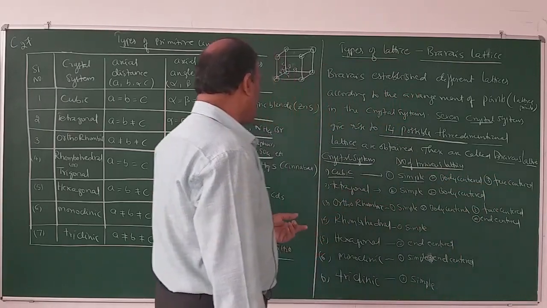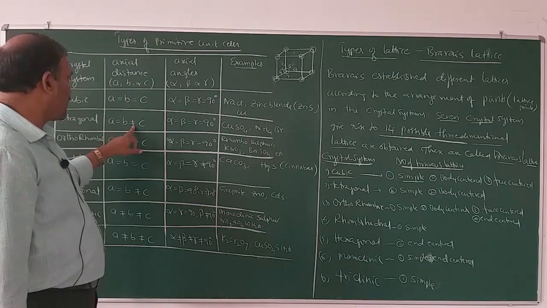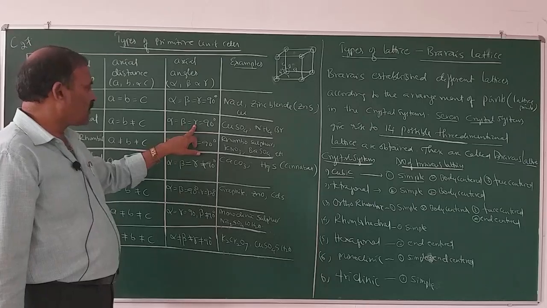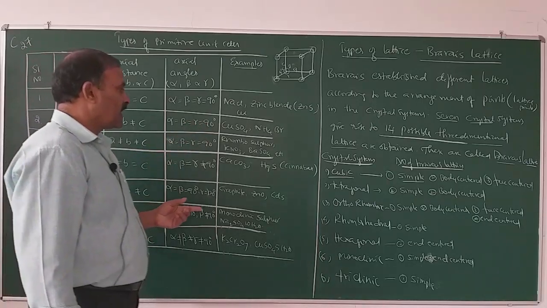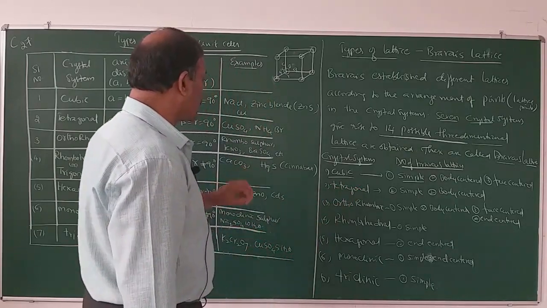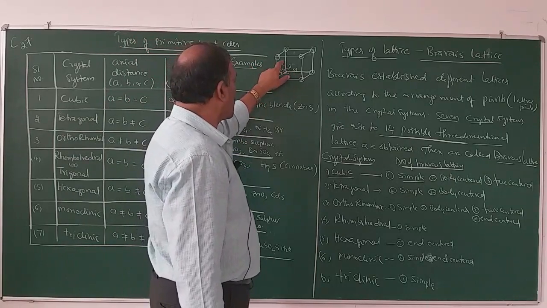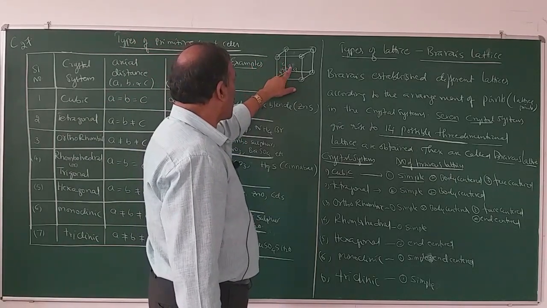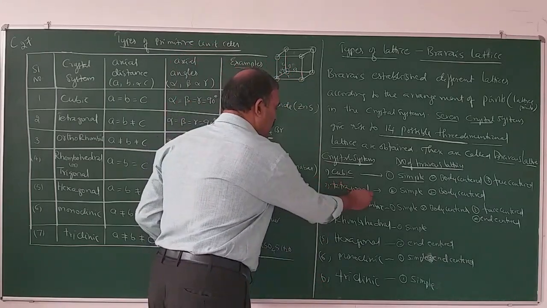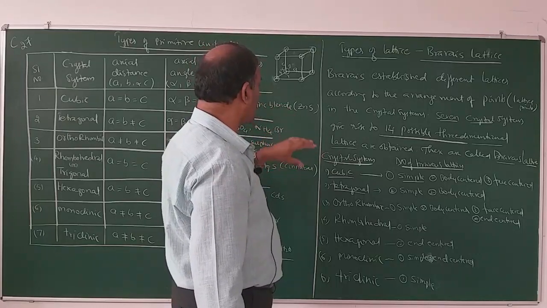Similarly, tetragonal. What is the meaning of tetragonal? If A equals B and it is not equal to C, alpha equals beta equals gamma equals 90 degrees, then the structure is tetragonal. In tetragonal, we can have simple and body centered. In tetragonal, again there are two structures.